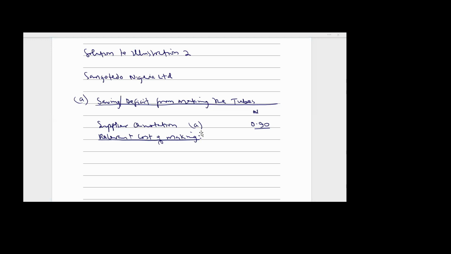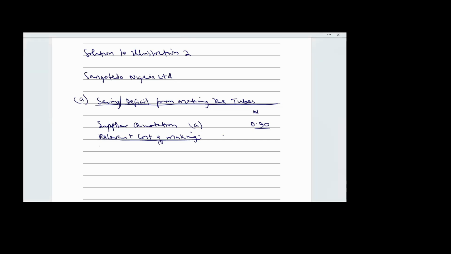But the examiner has already told you in the last paragraph, before the requirement, that with this purchase proposal, what is the purchase proposal? 90 kobo. It is predicted that direct labor and variable overhead costs will be reduced to 10% and direct material costs will be reduced to 20%. So direct material will be reduced to 20%.